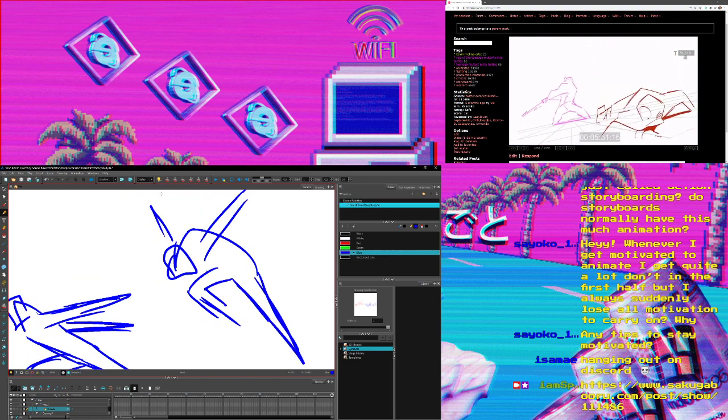There are animal versions of this kind of thing as well. But I want people to get used to drawing very, very simple character poses that describe the action.